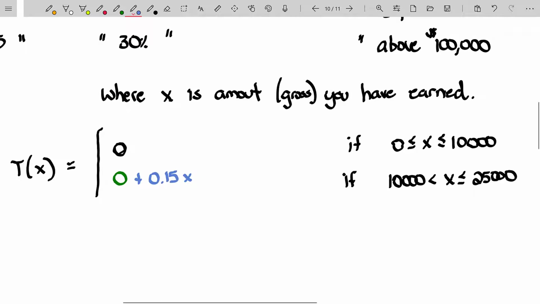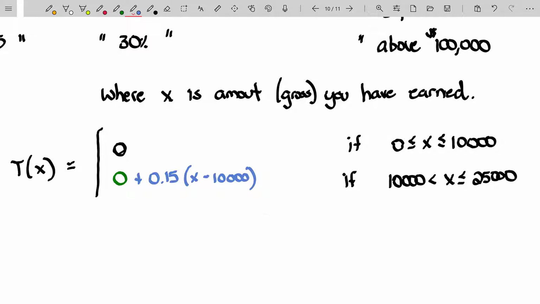If you earn $20,000, then you're definitely looking at this category or this line, if you will. However, you're not paying 15% on all $20,000. You're paying 15% on 20,000 minus 10,000, because the first $10,000 you don't get taxed on.